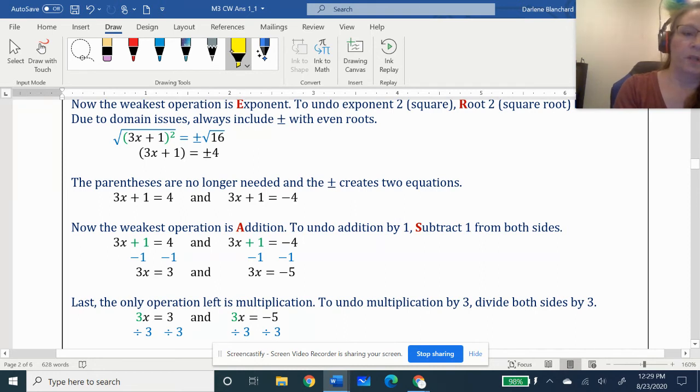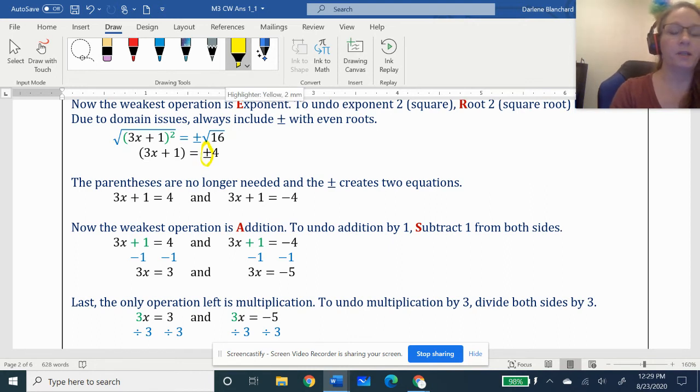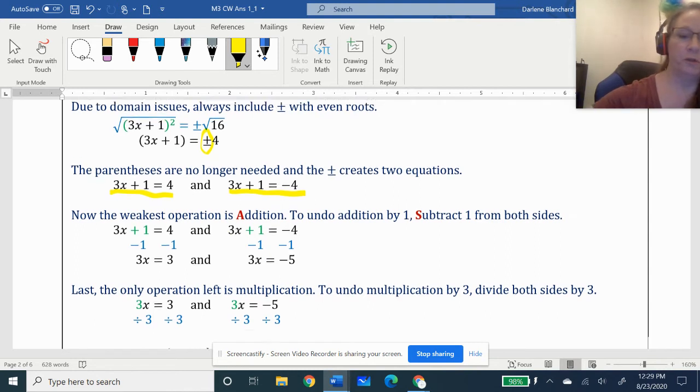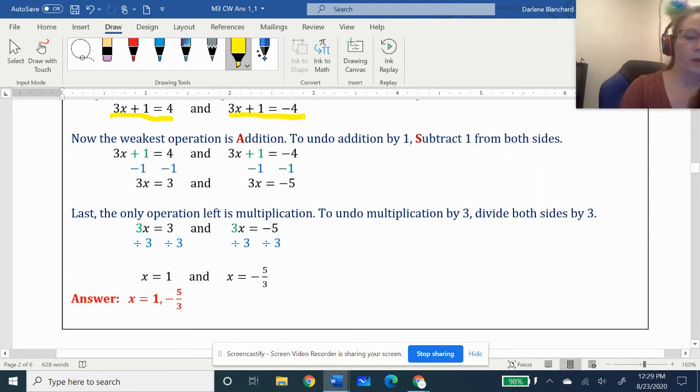So the square was that weakest operation, so we undo it with a square root, but we have to put a plus or minus anytime we do any even root. And then that creates 2 equations, and you shouldn't have any problem finishing those up. If you do, read over the work, and that takes you to this answer.